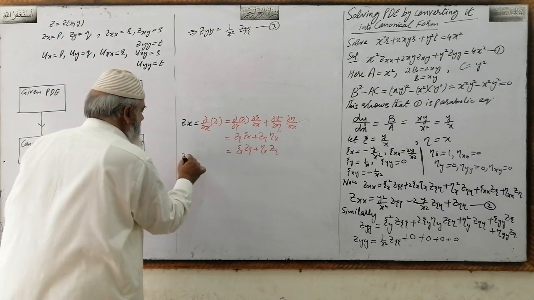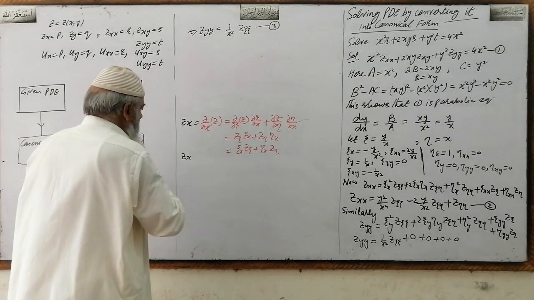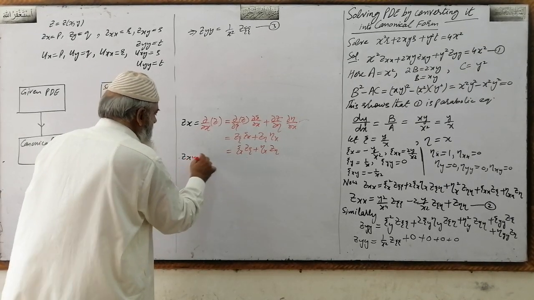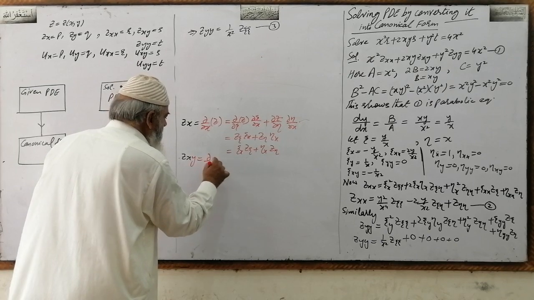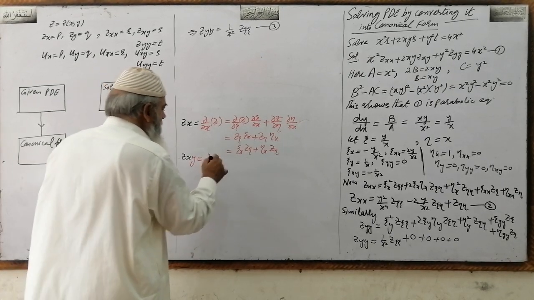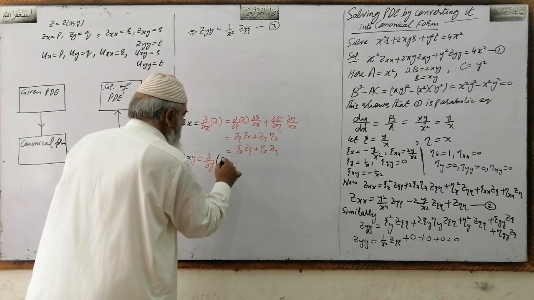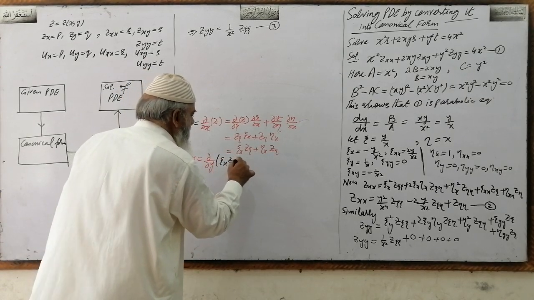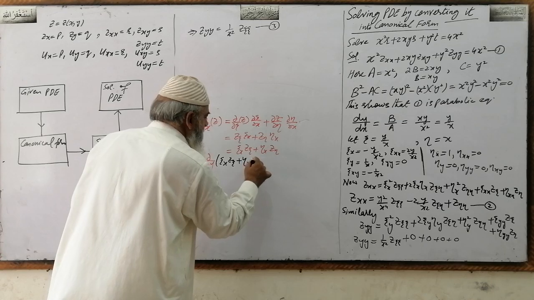This is zxy, which means we have to take the partial derivative of which expression? This one, xi x z xi plus eta x z eta.